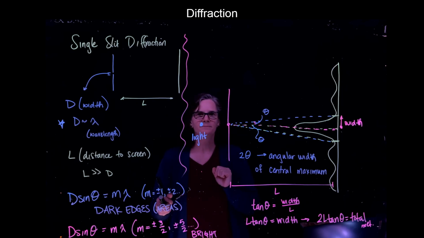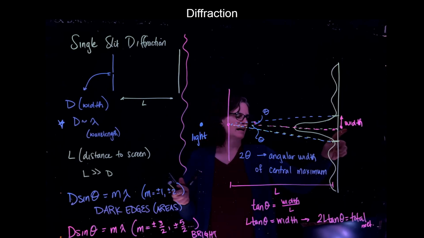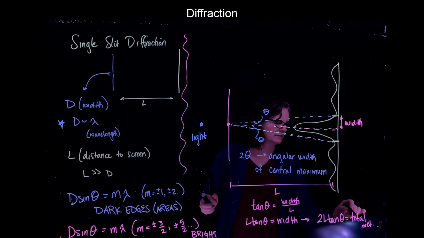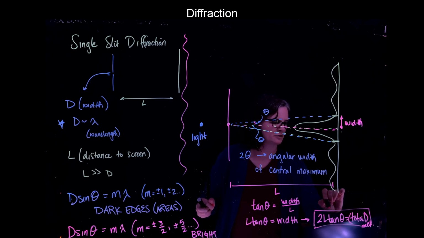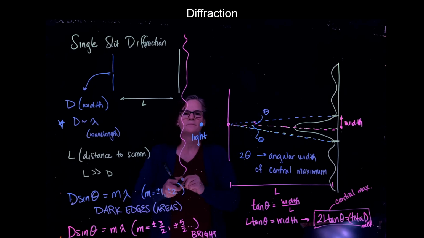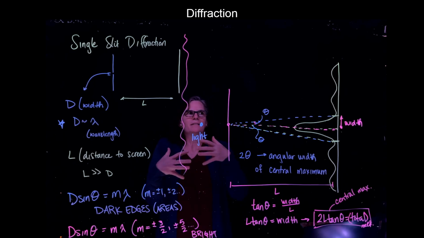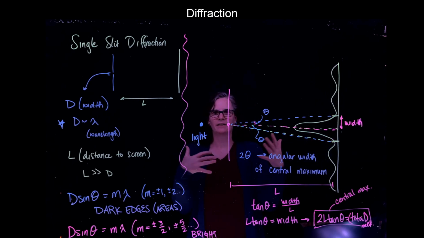So I can get the angular width and I can get the total width of the central maximum. Okay, so it's a way to take the width of this and think of it in two different ways.